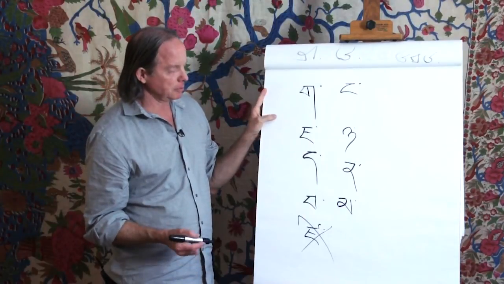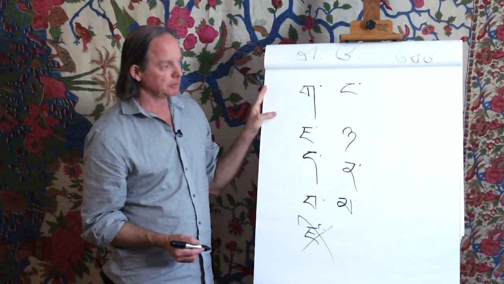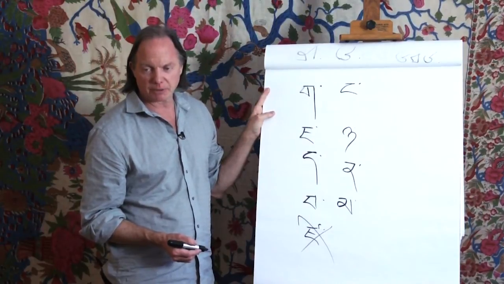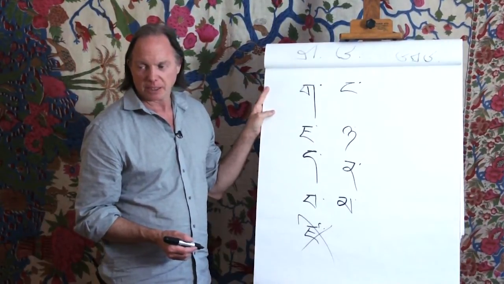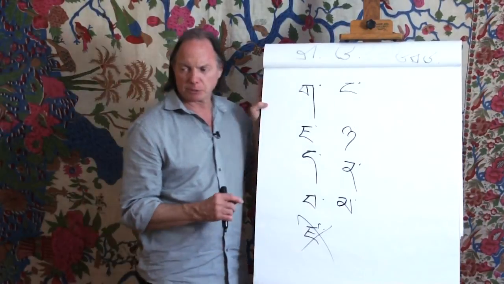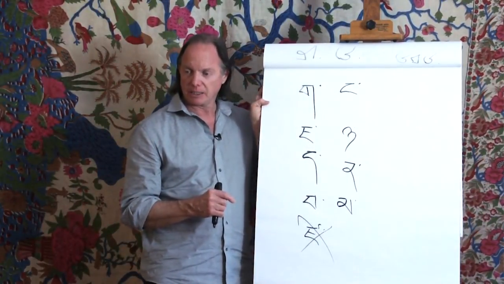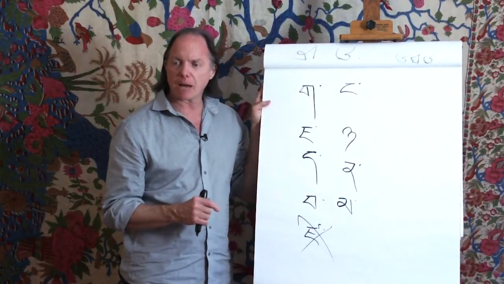So anytime you need a prenasal sound in Tibetan or Sanskrit, take it from the corresponding letter of the 4th column, okay? So for example, the word for community in Sanskrit, sangha, okay, sangha. You don't say samgha.